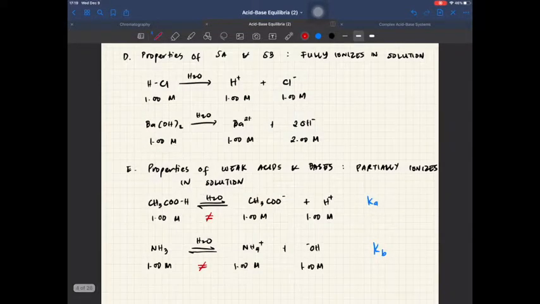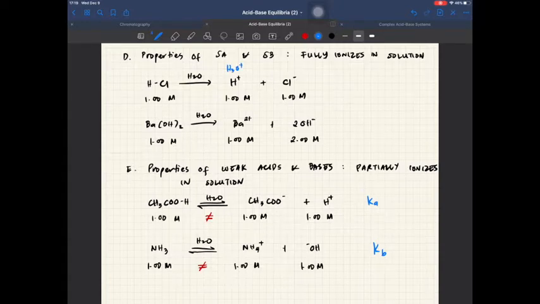Okay, but what are the properties of strong acids and strong bases? The answer for that is they fully ionize in solution. So if you have hydrochloric acid dissolved in water, it fully ionizes to hydrogen ion and chloride ion. Or since this one is in water, hydrogen exists as hydronium ion.